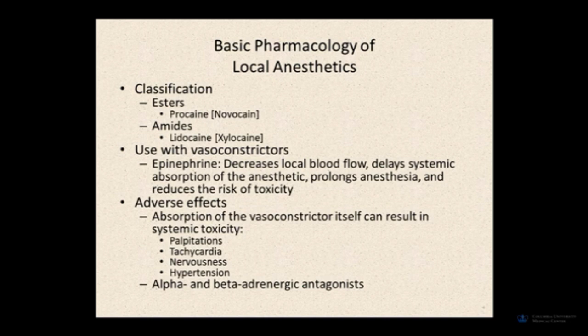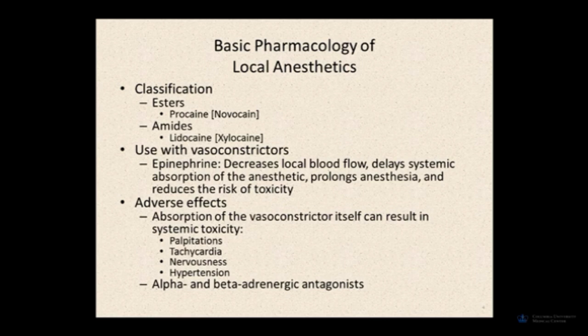Now, the adverse effects when we use local anesthetics are usually because of the vasoconstrictor. We normally put in a very small amount of the vasoconstrictor, and we avoid major blood vessels because we don't want the epinephrine to gain access systemically.